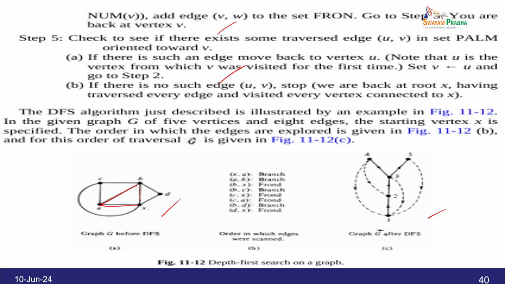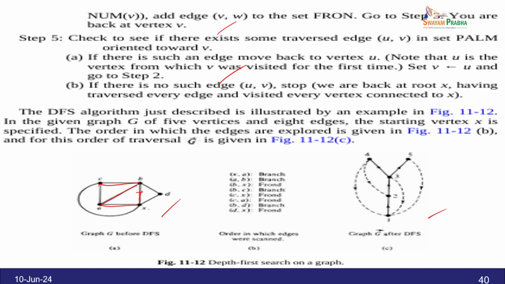Therefore, it is called a forward edge, and then B to C is possible, so you go there, and then there is a branch, and C to X. If you go there, it becomes a loop, therefore do not do that.